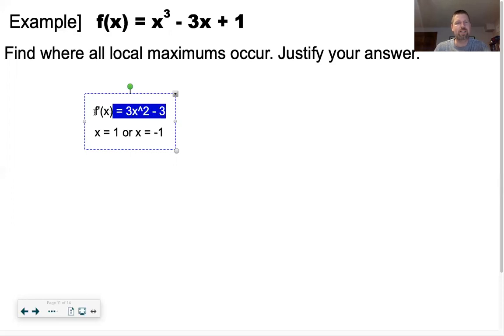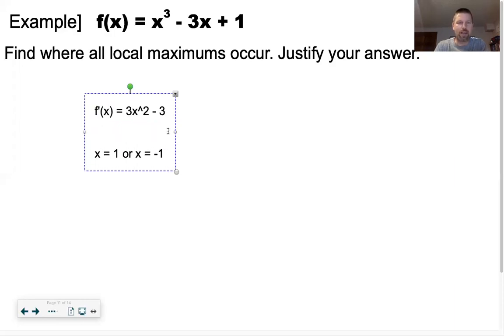The reason x has to be 1 or -1 is that when I look at that, I can say, oh, that's my derivative. To find maximums or minimums, I care when that derivative, 3x squared minus 3, is equal to 0. So write that step in every single time.